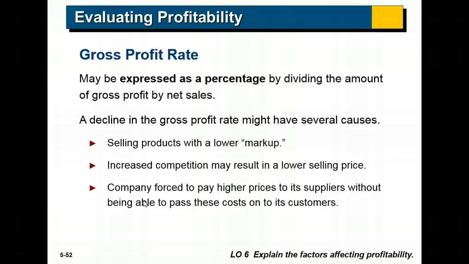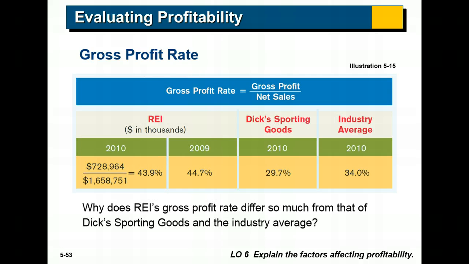And why would it go down? We don't want it to go down. It usually goes down because we don't have a choice. Higher competition lowers the gross profit. The suppliers up their rates, we can't pass it on. Make sense? So the gross profit rate really is determined by the gross profit amount divided by total sales.